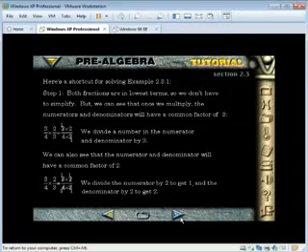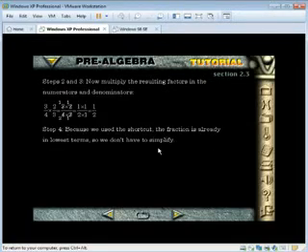We divide the numerator by 2 to get 1, and the denominator by 2 to get 2. Step 2 and 3. Now multiply the resulting factors in the numerators and denominators. Step 4. Because we used the shortcut, the fraction is already in lowest terms, so we don't have to simplify.